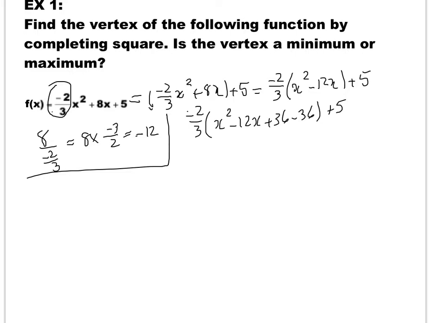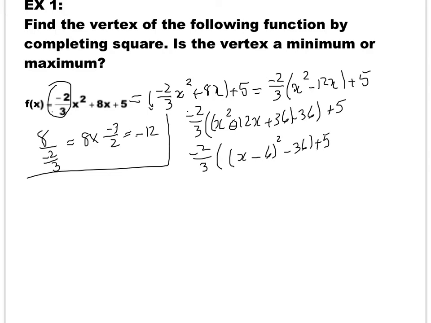Now, if you remember, we are going to package the first three terms together. And since the middle term is negative, and the square root of 36 is 6 and the square root of x squared is x, we are going to write this as negative 2 over 3, and it's a perfect square, x minus 6 squared, minus 36 plus 5.